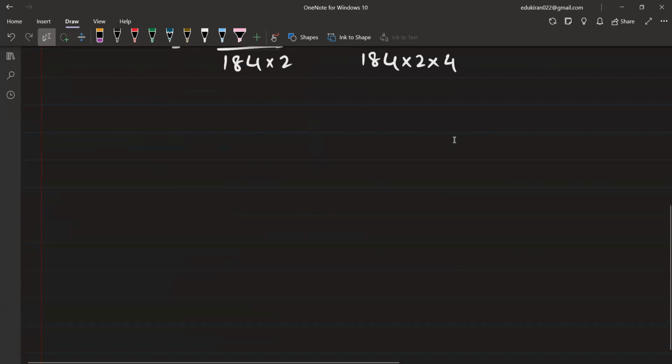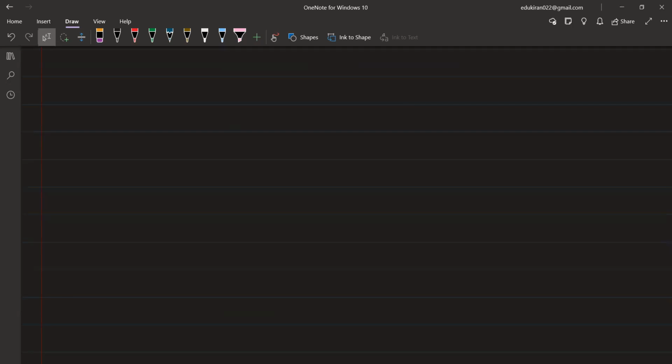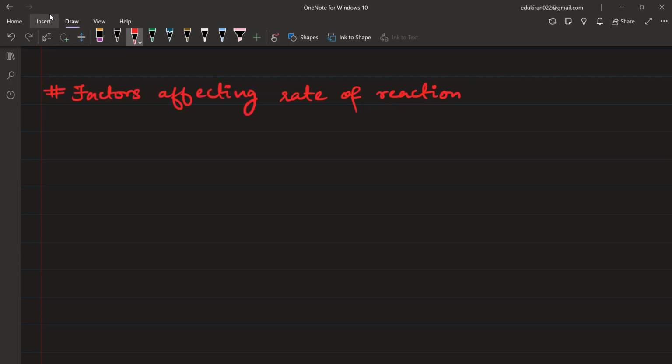Next, factors affecting the rate of reaction.